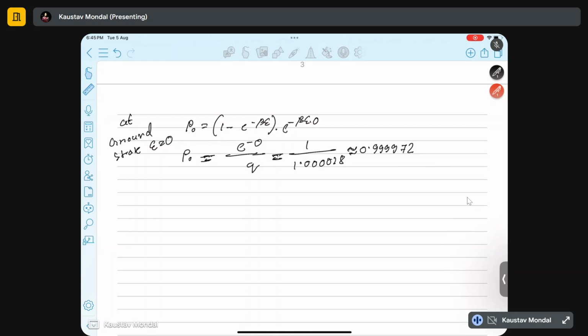So this would be the population at the ground state.